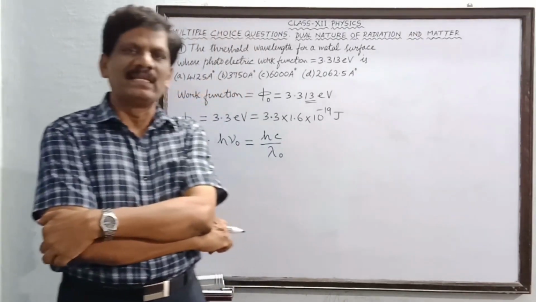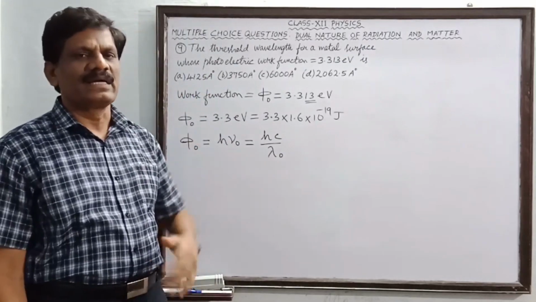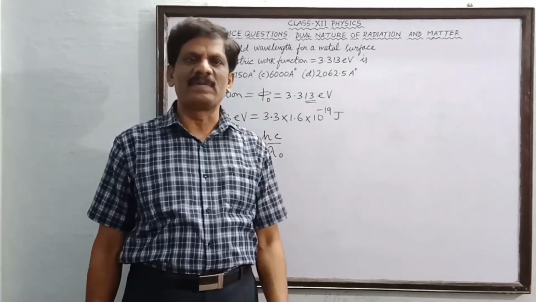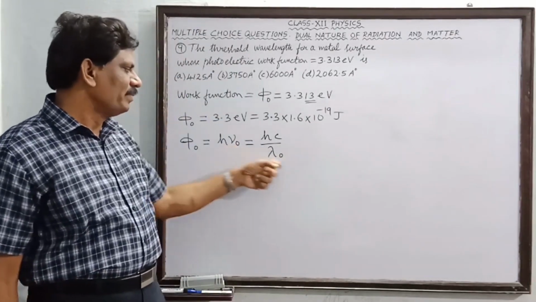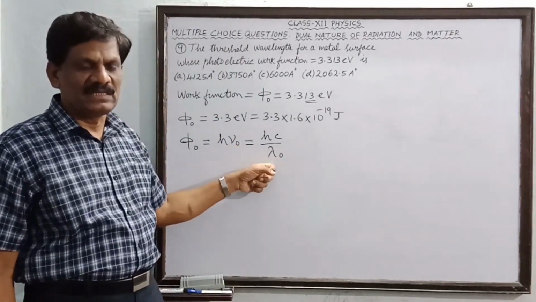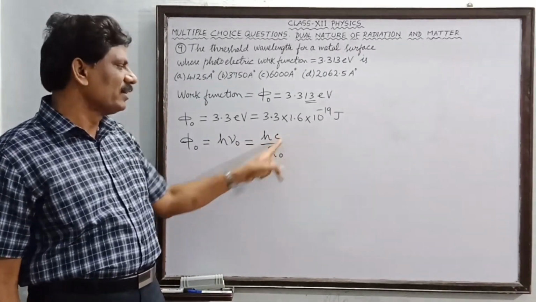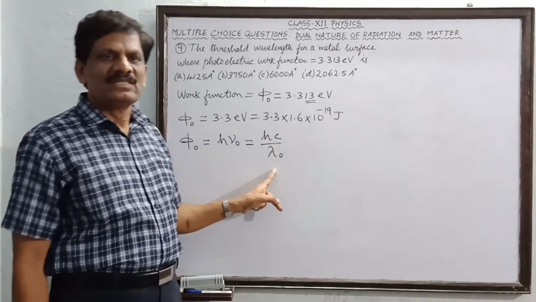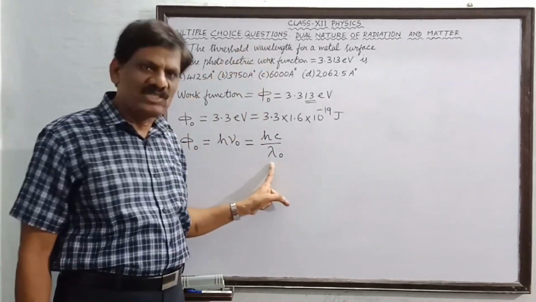So remember that if frequency is denoted by nu naught, then the corresponding threshold wavelength is represented by lambda naught, and they are related by this expression. We know that nu is equal to c by lambda, therefore nu naught is equal to c by lambda naught. So my dear students, the threshold wavelength lambda naught has to be found.